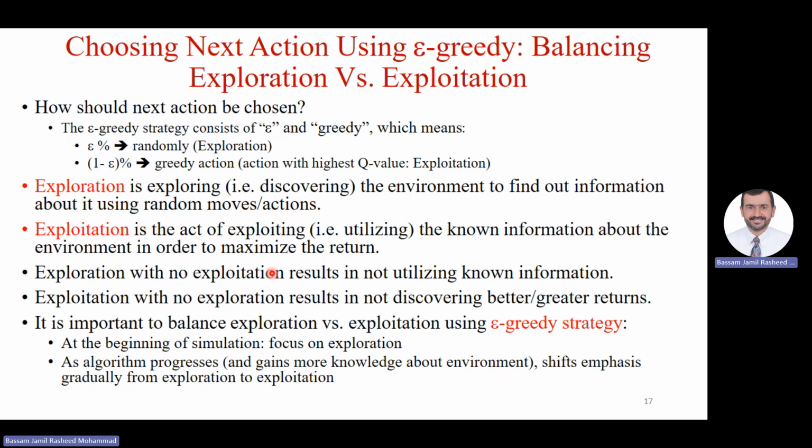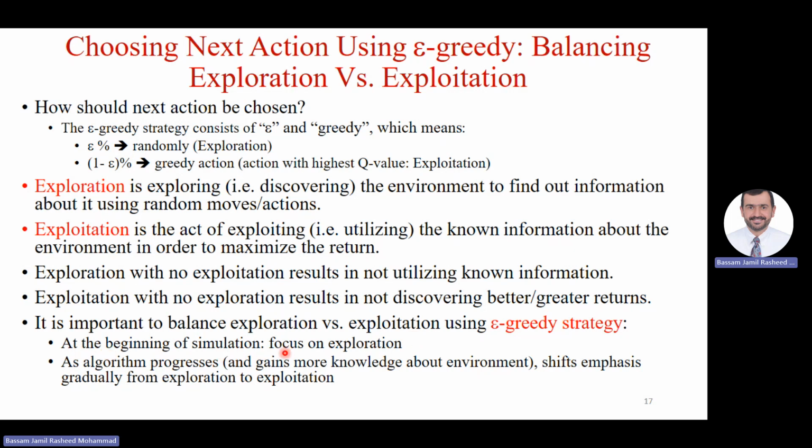Exploration with no exploitation means you are not utilizing the information you have built. And exploitation with no exploration results in not discovering better and greater returns. It is important to balance between the two, and the epsilon greedy policy tries to do that.